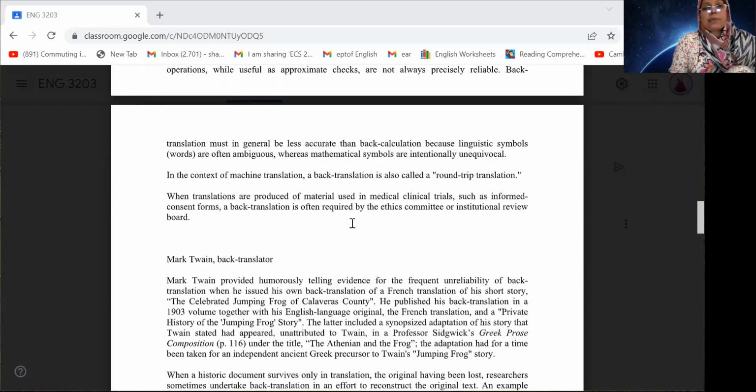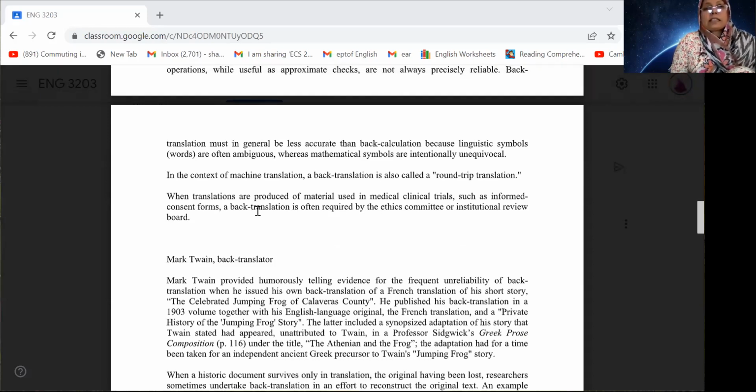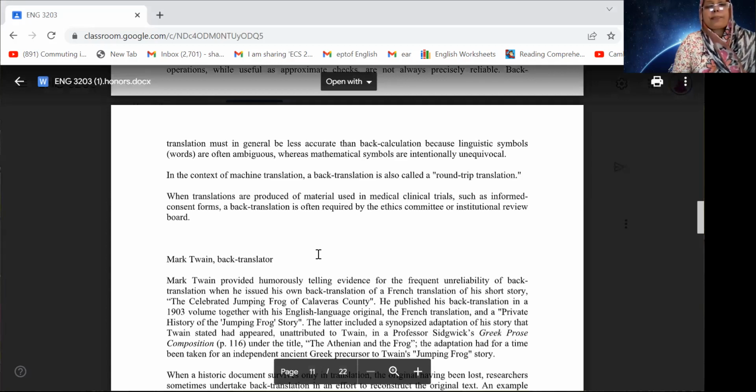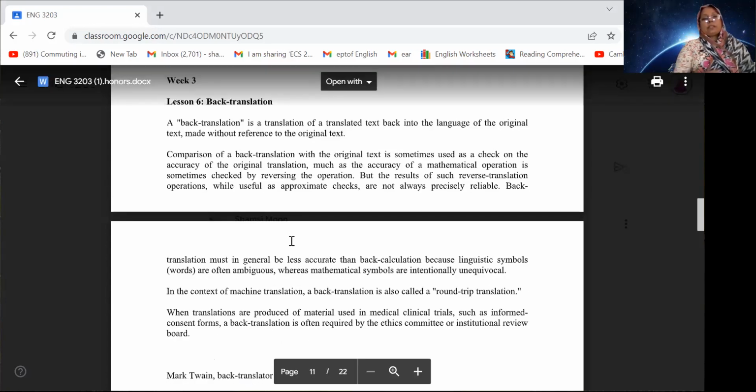When translations are produced of material used in medical clinical trials, the back translation is reviewed by a medical review translation board. Okay. So again, students, go through back translation.